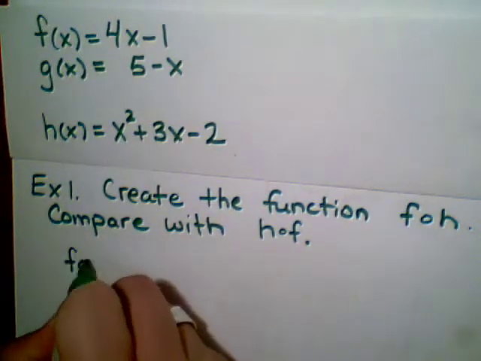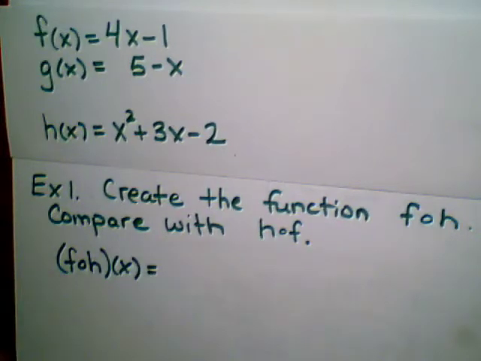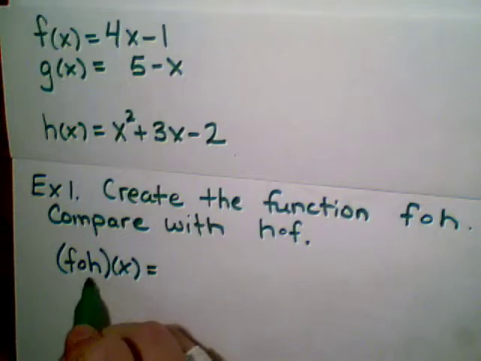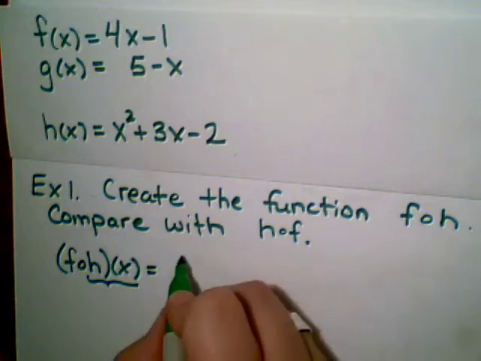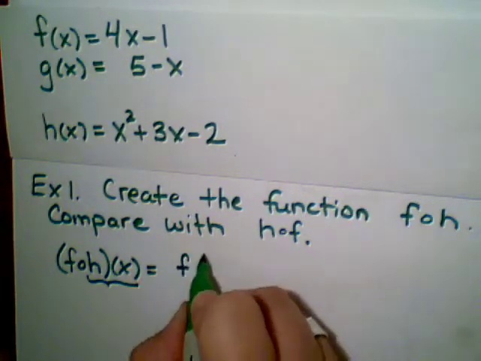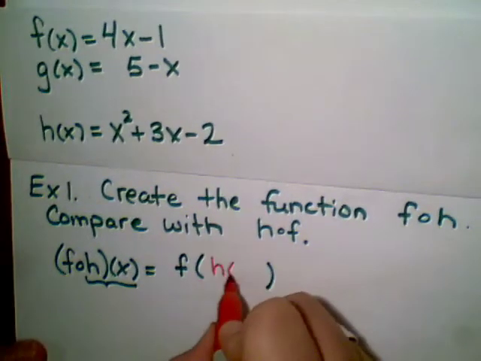The outputs of f composed with h of x, by definition, are created with this last function h of x being the input. So we're going to record f evaluated at h of x.